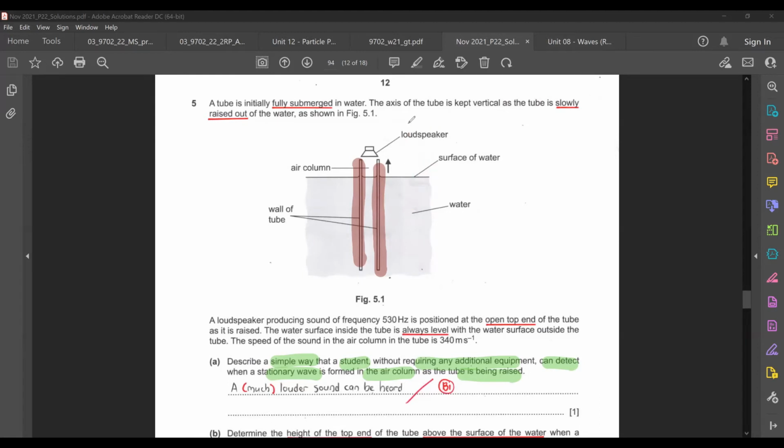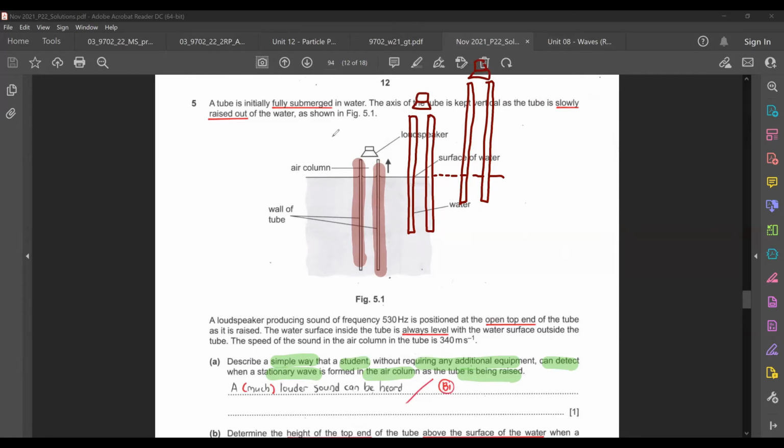I try to draw the diagram out. Over time, it is being raised. So if this one is your water level, it's gradually being raised up. At the same time, you always have a loudspeaker that is producing sound waves.